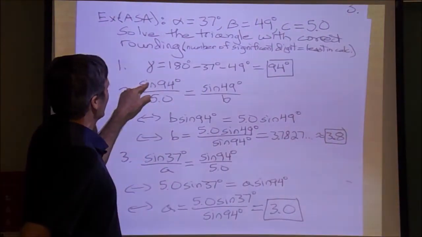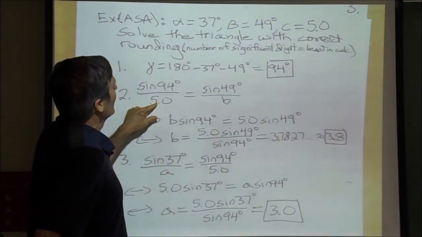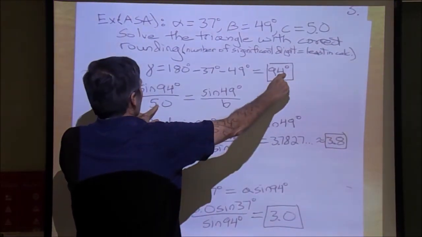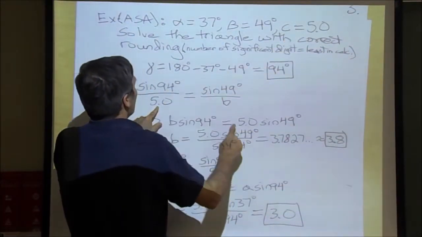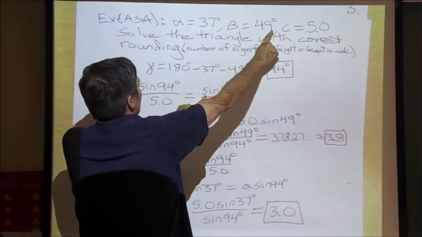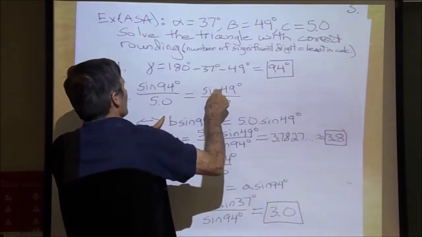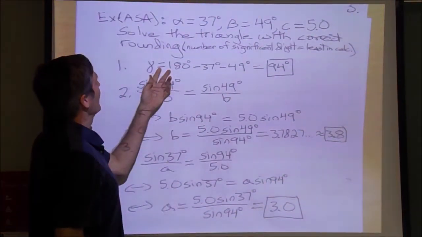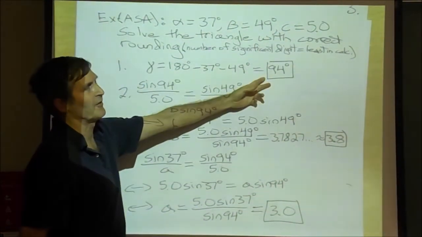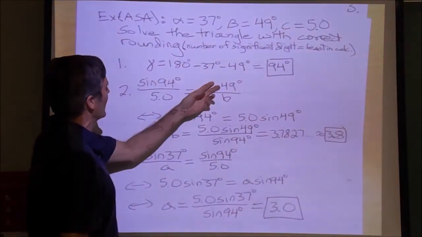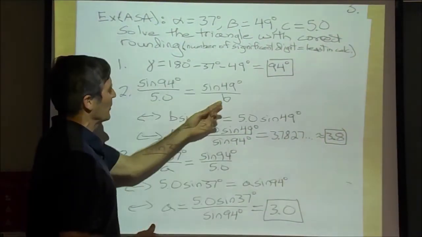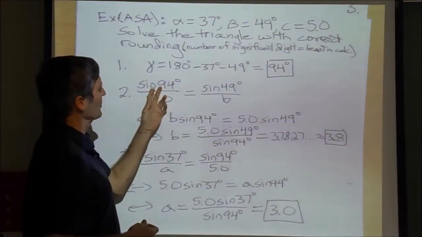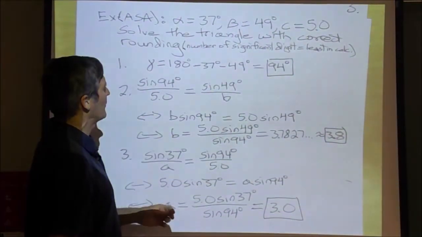So we have sine 94 is to 5.0, that's sine of gamma is to c, as sine of beta, 49 degrees, is to b. Three numbers that we know now, and one we don't. On the angle, side, angle, by the way, you always have to find that last angle first, because otherwise you won't be able to get three of the four things known. And that's what you want, three knowns and one unknown to solve for.